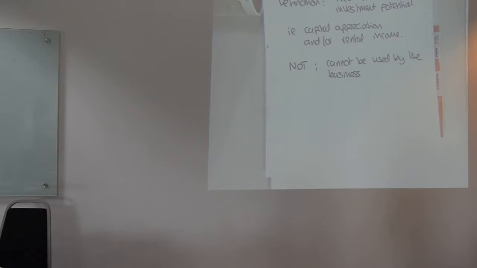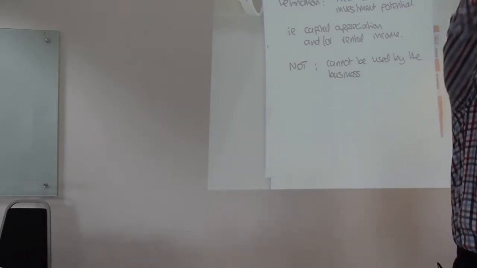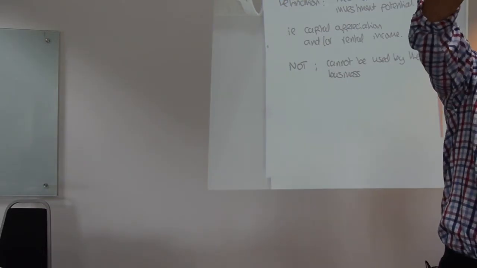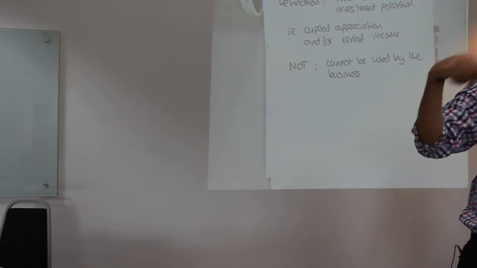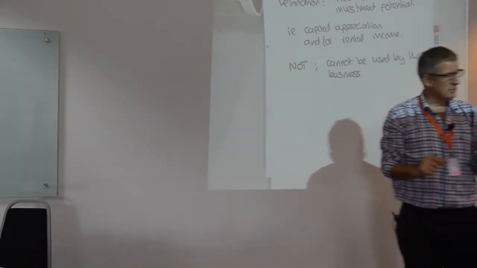You could own a building that is 40 stories high, and you could be in the first 5 floors as a head office, and then the other 35 floors could be rented out as an investment property. So it is technically possible to split one asset into 2.